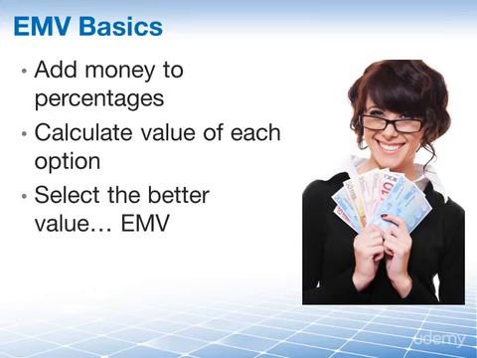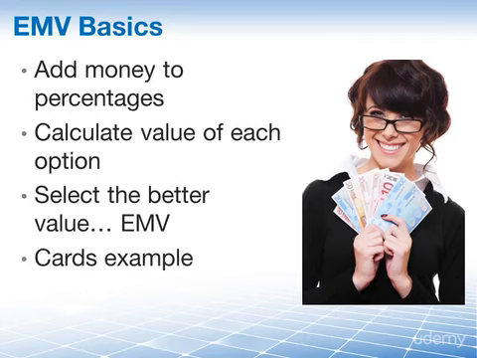And that would mean what you have just done is you have chosen the option with the highest expected monetary value. You've chosen the option with the highest income that is created for you.